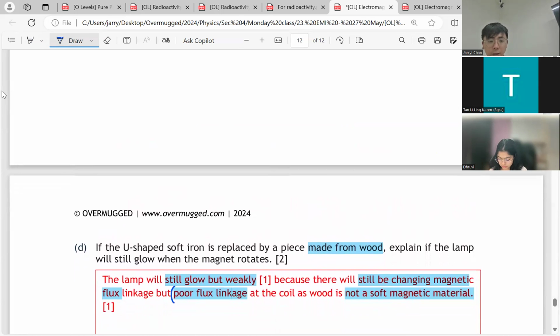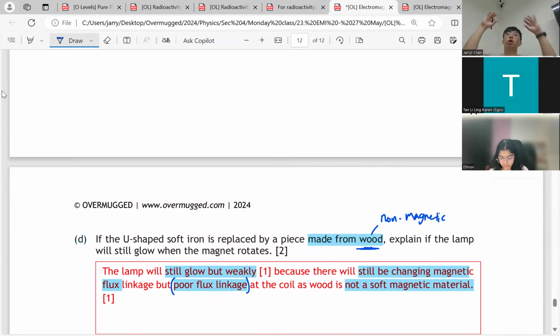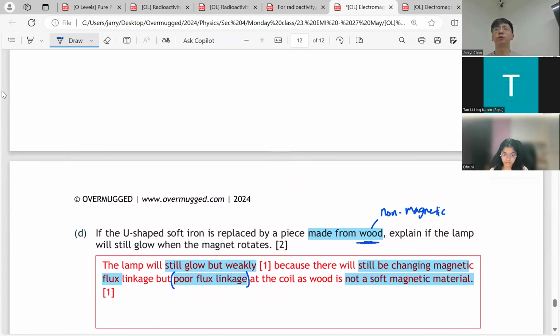This one, phrase to pick up. When I use a non-magnetic material made from wood as the thing to try to concentrate the magnetic field lines, you can pick up this phrase called poor flux linkage, but there will still be changing magnetic flux. Poorer flux linkage, therefore the induced EMF is weaker.